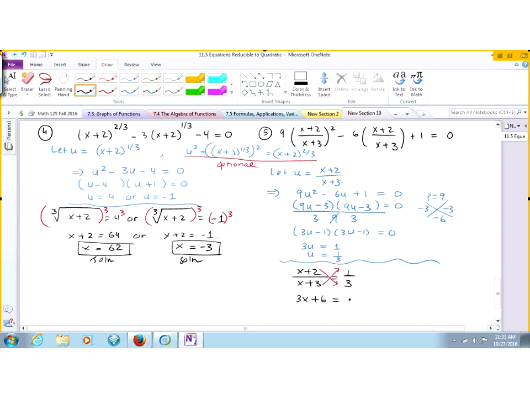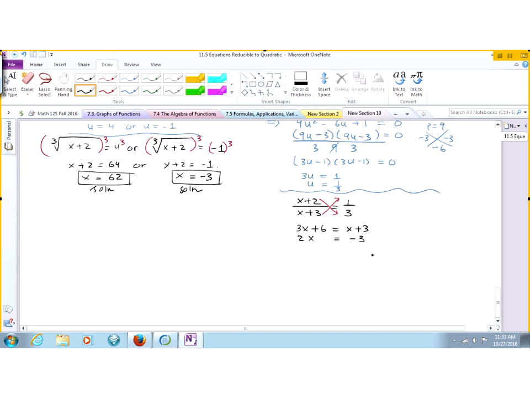So 3x plus 6 is equal to x plus 3. So 2x is equal to, so 3x minus x is 2x. 3 minus 6 is negative 3. Are you guys okay? So x is equal to negative 3 over 2.